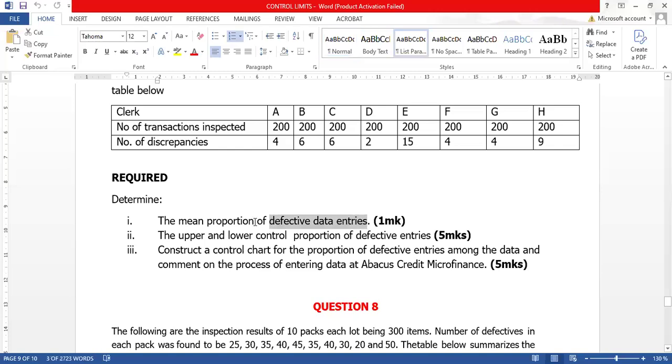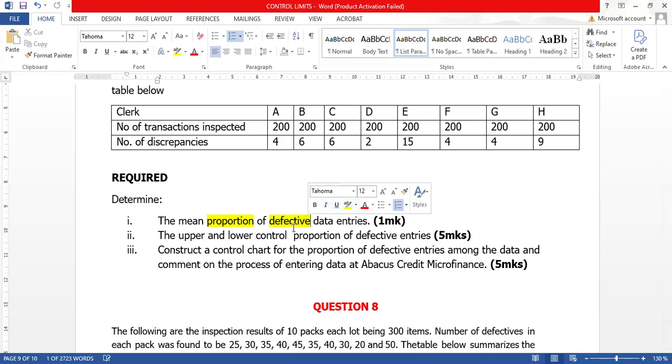The mean proportion, this word is very, very key. Mean proportion is like the average proportion. The same way they can say you look for the mean range. Mean range is the average range. So we want to know how we can get the mean proportion of defective data entries.